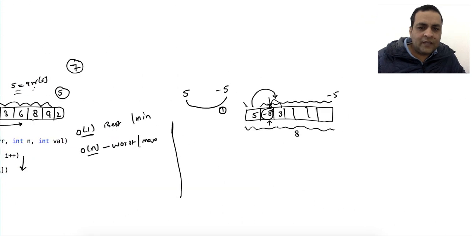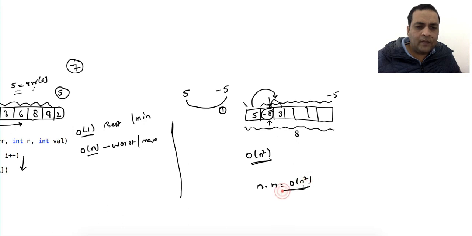This is a typical case where the time complexity is O(n) square, because for each of the n elements we are traversing the entire array, and traversing takes O(n) time. So for n elements, we are taking n time each, so the total time complexity is O(n) square, right?